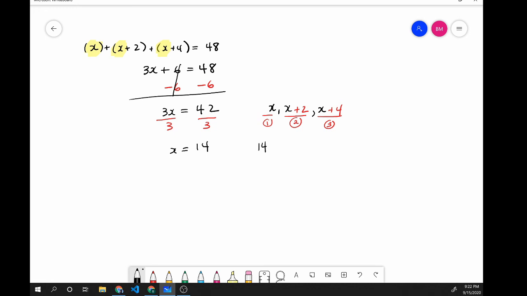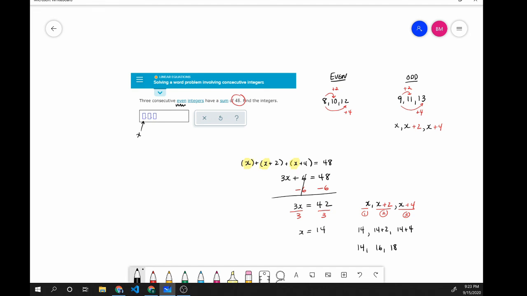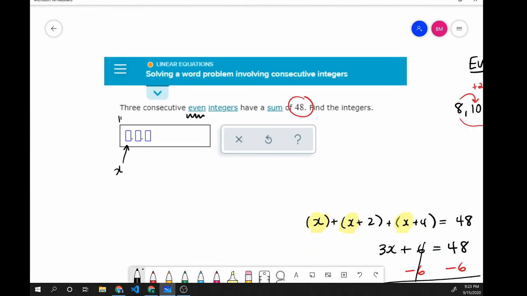Our numbers are going to be 14 plus 2 and 14 plus 4. So that means our numbers are actually 14, 16, 18. And those are the numbers going into ALEKS. So 14, 16, 18 will add to 48.